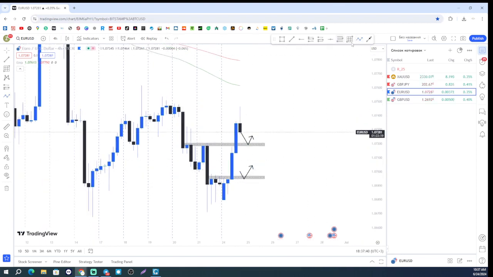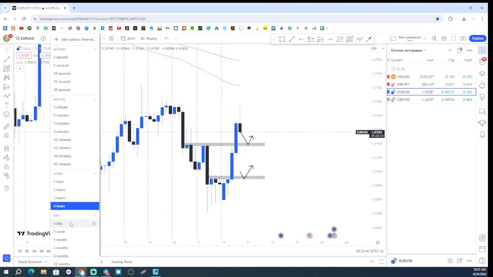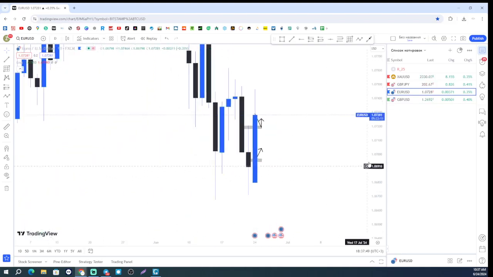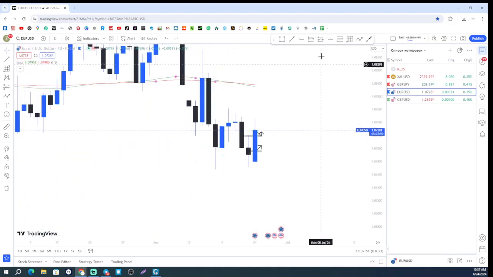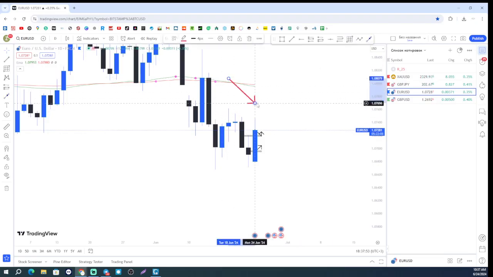But at the same time, you have to keep in mind that on the daily time frame we're looking bearish, kind of going to the downside if you're seeing here. We still have to keep in mind that here could be a double bottom, and this is kind of a double top, some stuff like that.